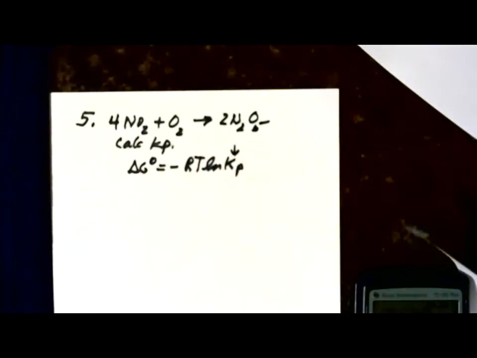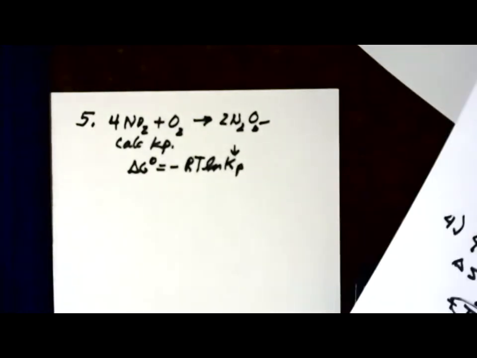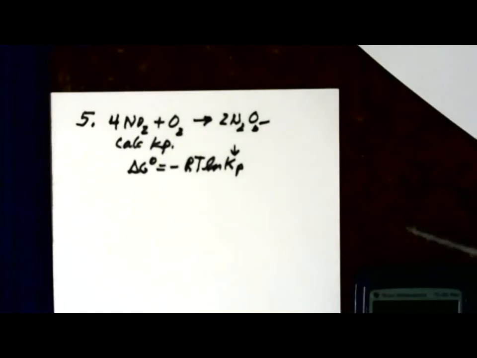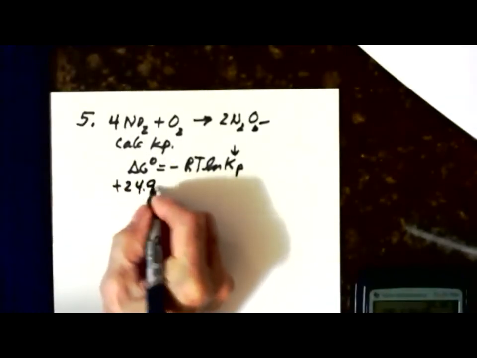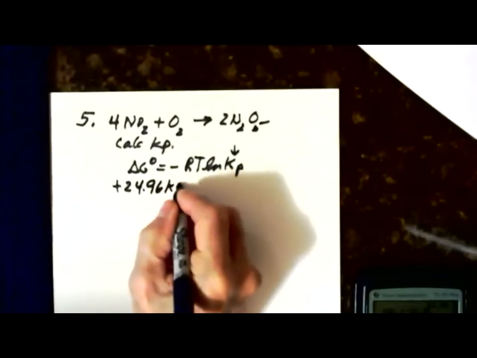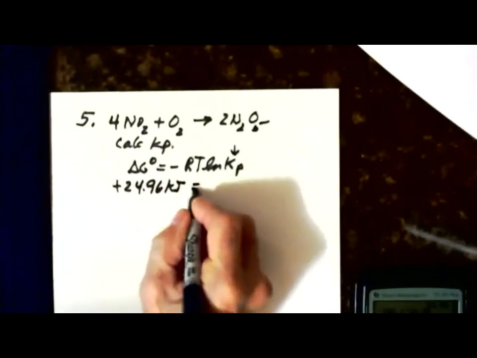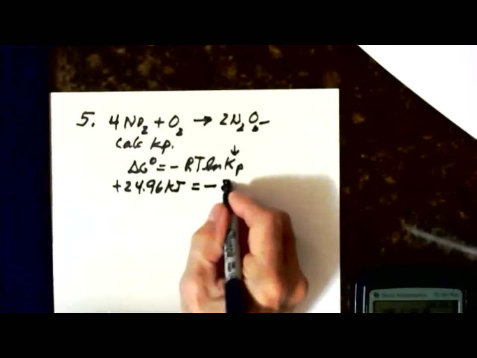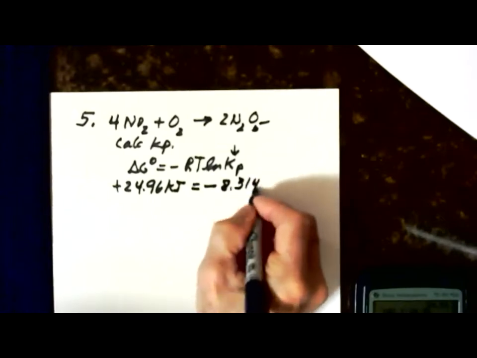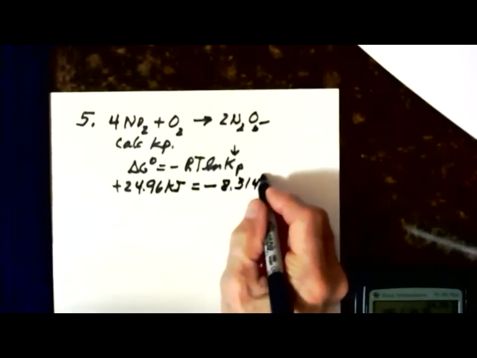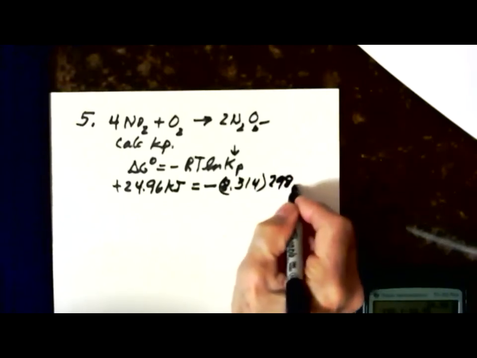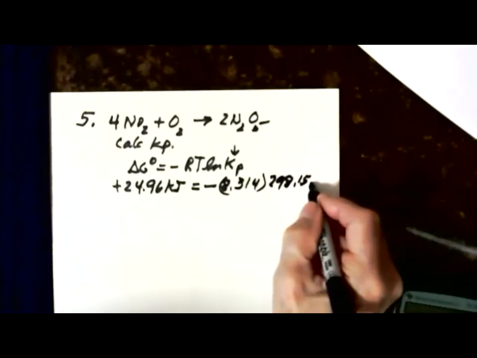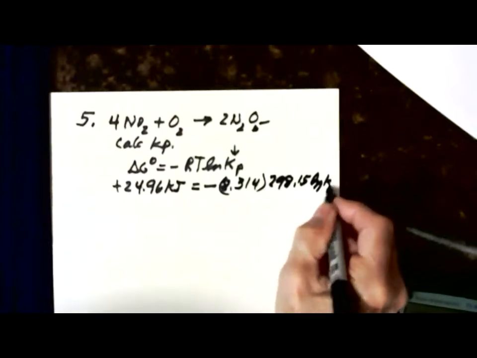Now, we just calculated that a while ago, and we got it to be plus 24.96 kilojoules. That's equal to minus 8.314 joules per mole per Kelvin times 298.15 times the ln of Kp.